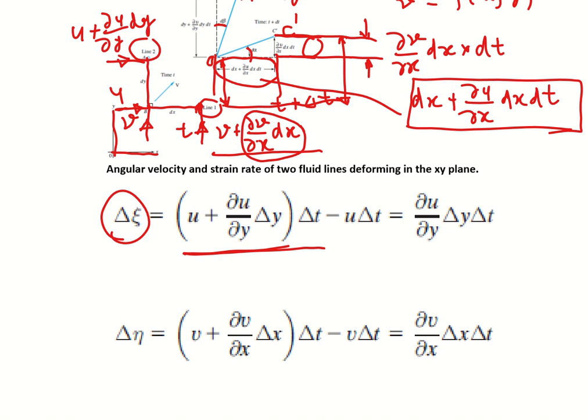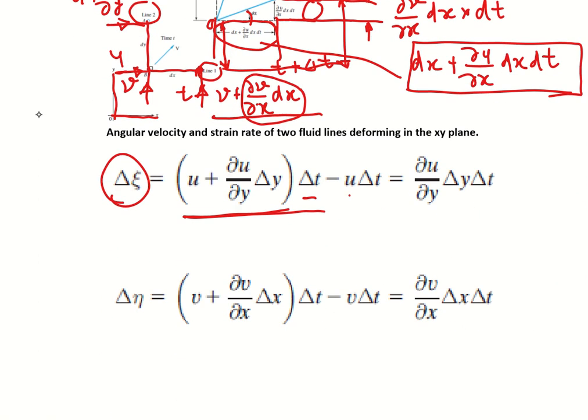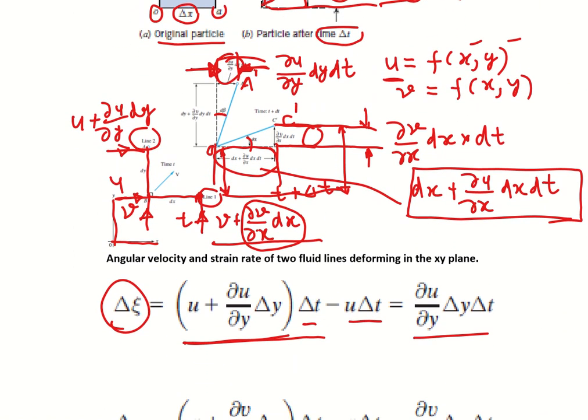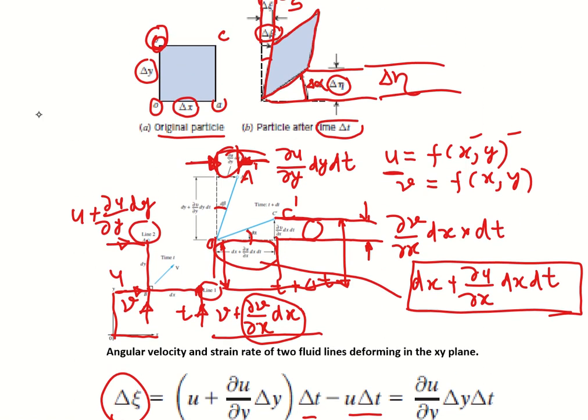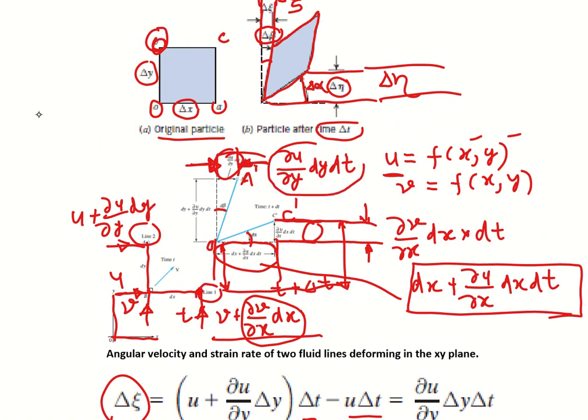The velocity at this location is u, so that will be u into delta t. So the net difference is del u over del y multiplied by delta y delta t. So this is equal to del u over del y multiplied by dy into delta t.